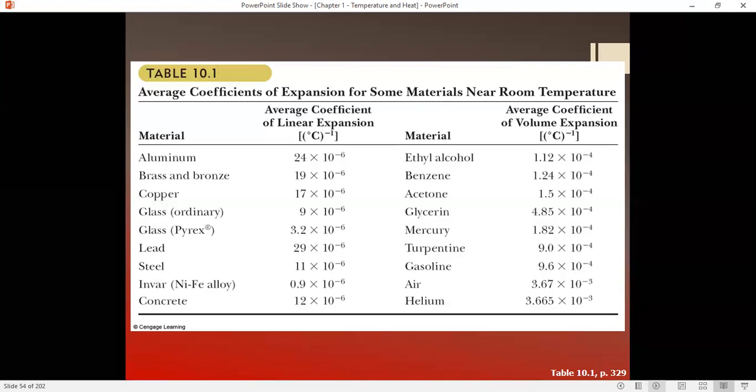What else is interesting to look at right here? Well, you probably don't want to pour boiling water into glass. Glass is a very brittle material, and if we create too much internal stress, it will actually shatter.